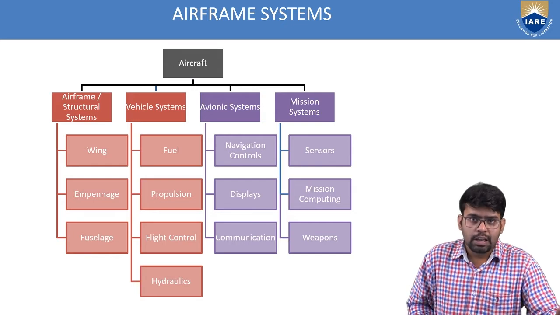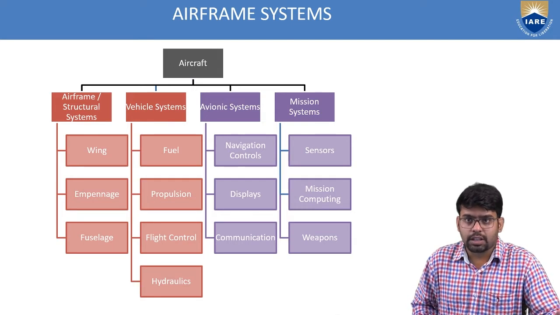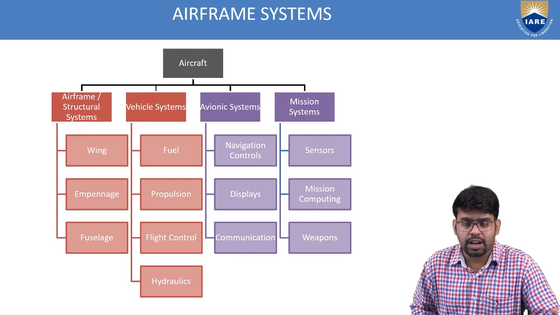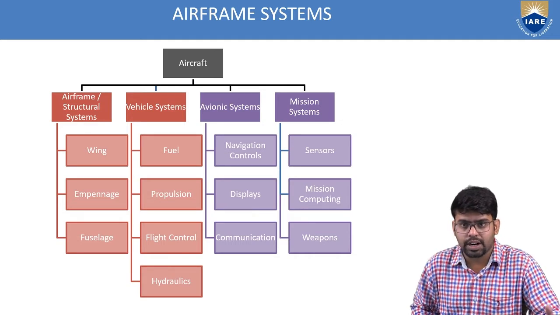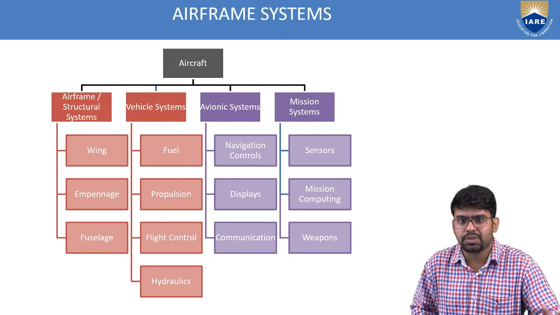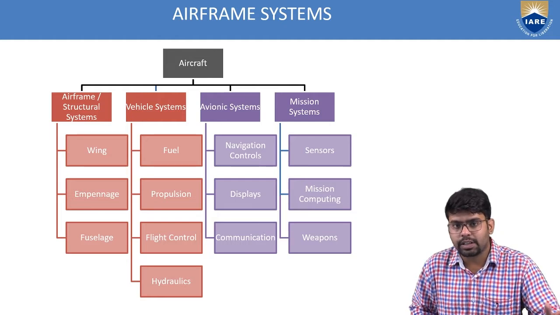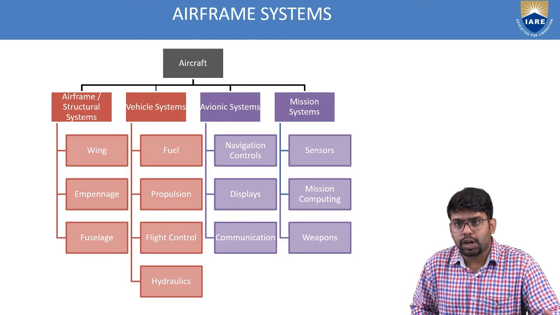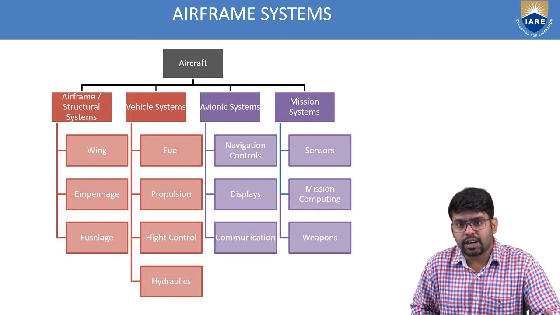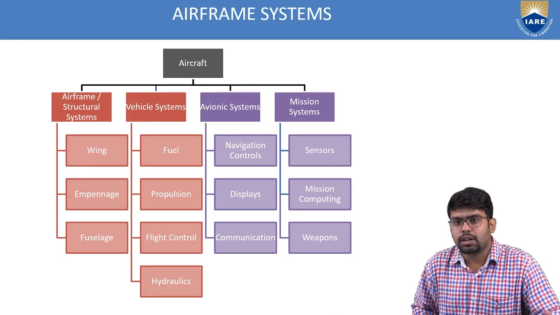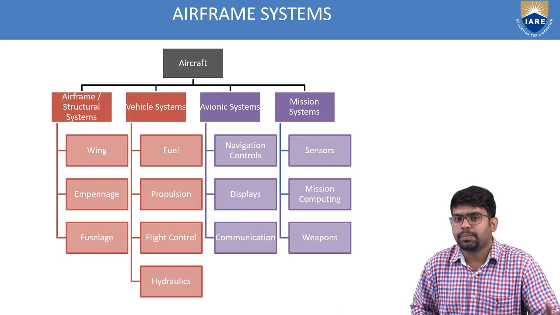So here, as you can notice, there are systems and subsystems which are marked in red and the others are in violet. The ones in red are physical systems, which means you can see them physically, you can touch them. And the ones marked in violet are non-physical or numerical systems.